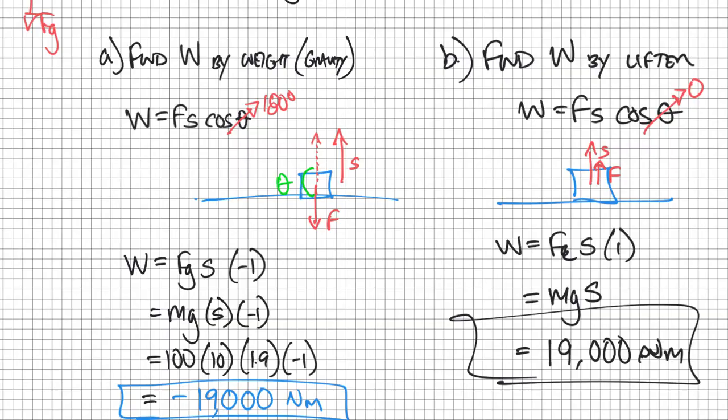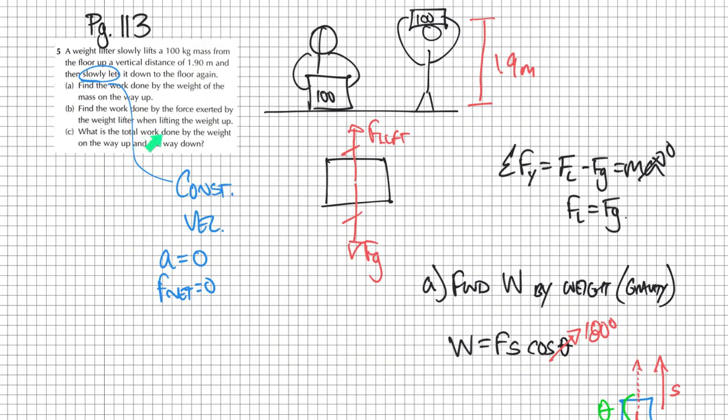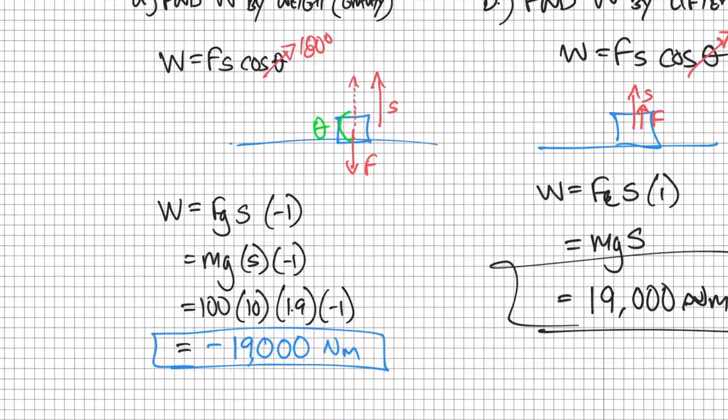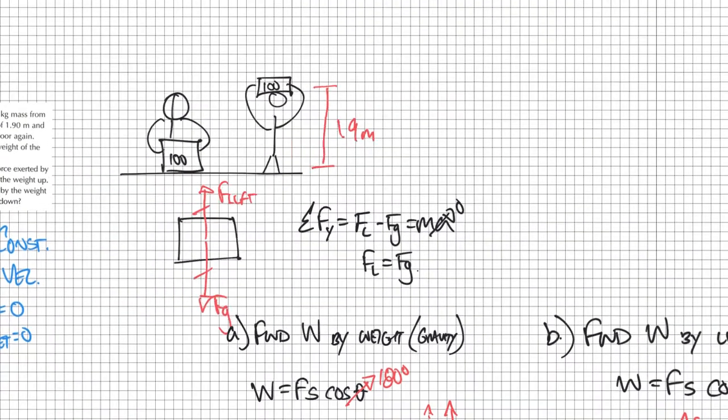All right. And lastly, the third part, it says, what is the total work done by the weight on the way up and on the way down? So we can talk through this. Let's look at our picture up here actually.